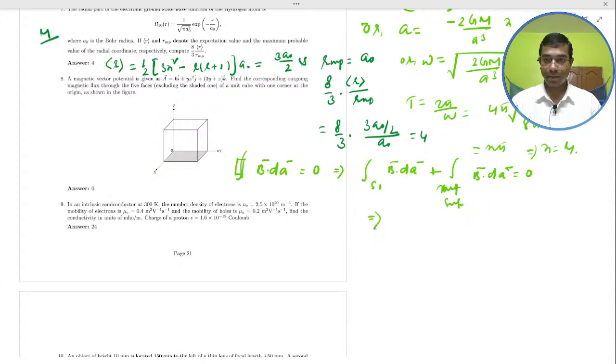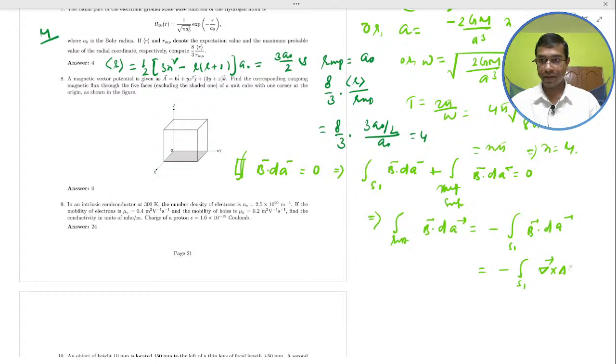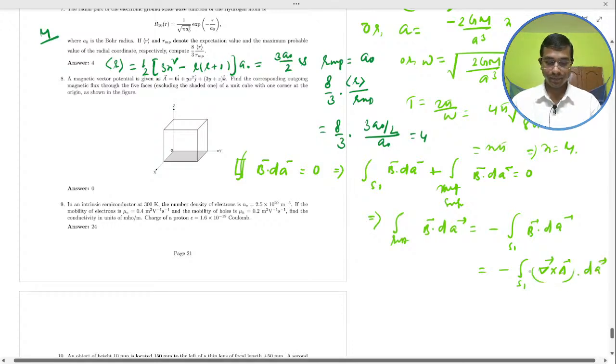That implies that the rest surface integral of B dot dA equals minus the integral over S1 of B dot dA. This is nothing but the integral over S1 of the curl of A dA. Okay, curl of A dA.